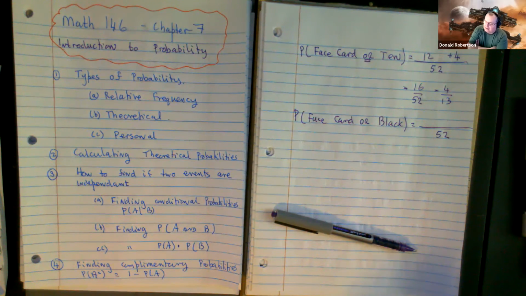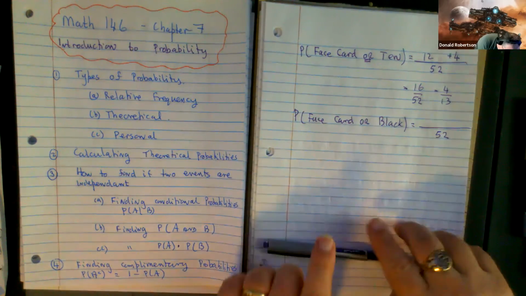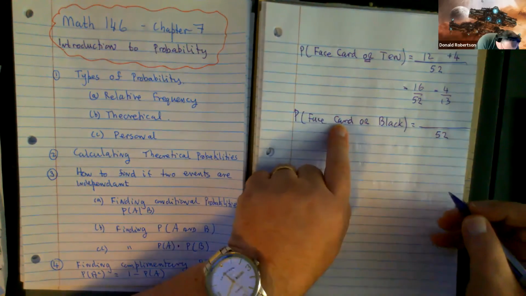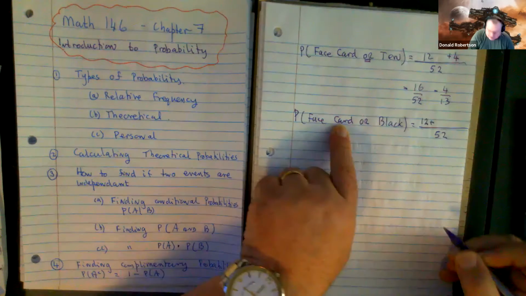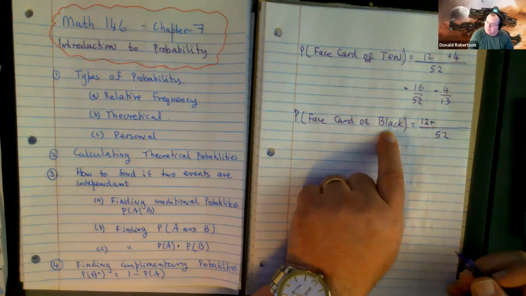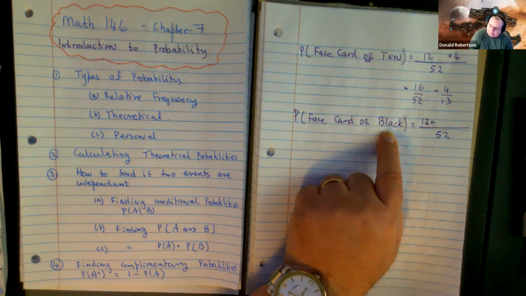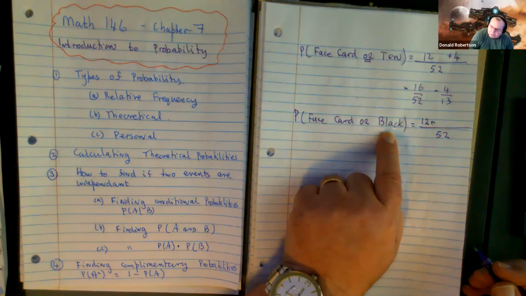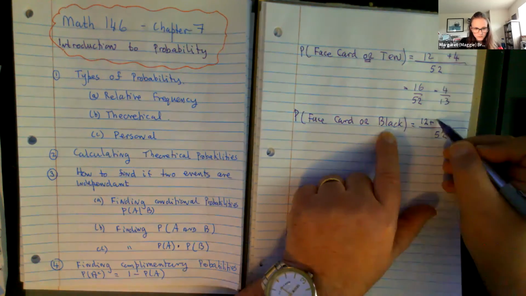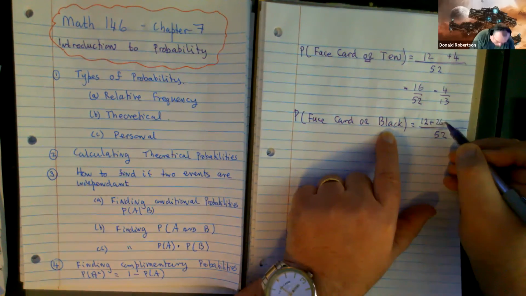Aren't there some black cards that are face cards, right? So, in a deck of cards, there are 12 face cards. In a deck of cards, there are how many black? 26. Now take away the both.